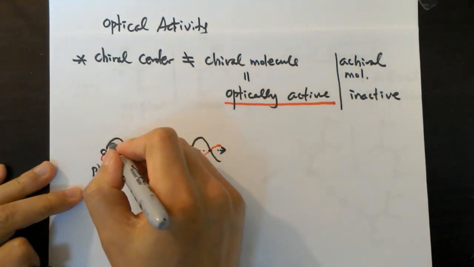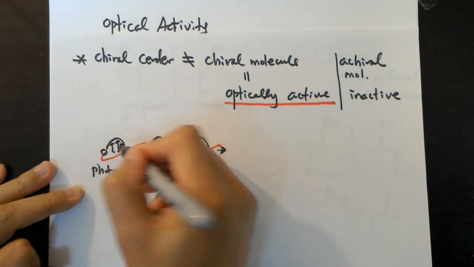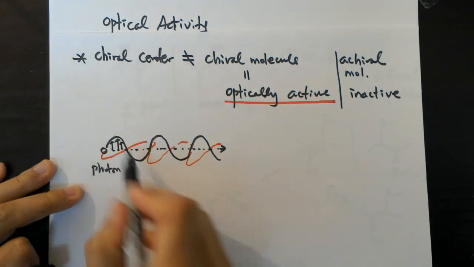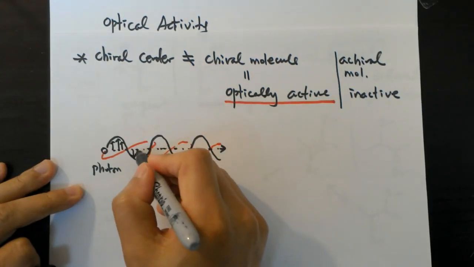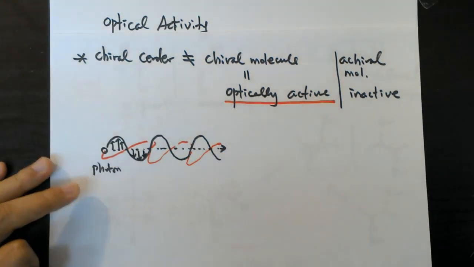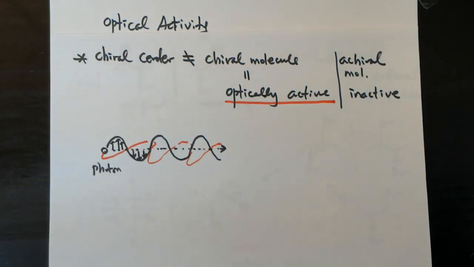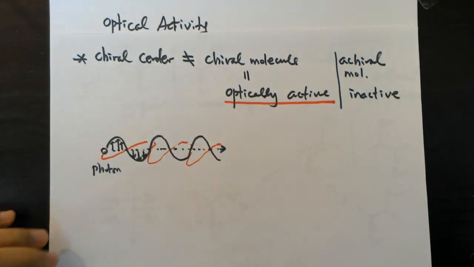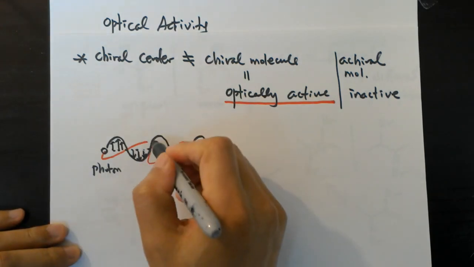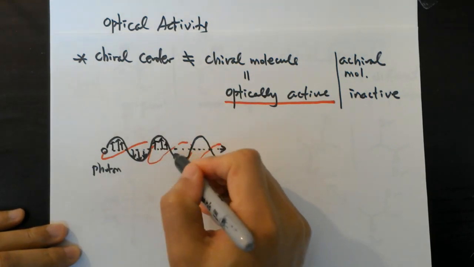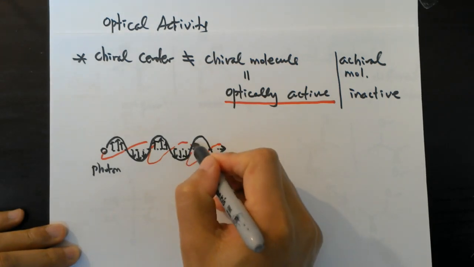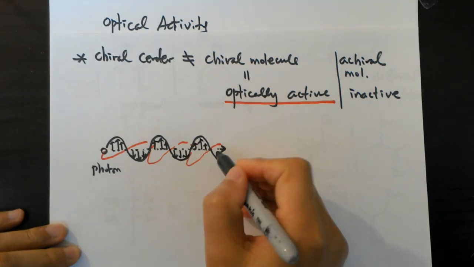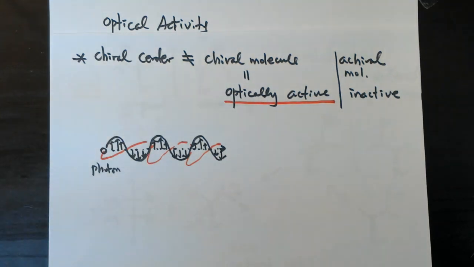So the electric field increases upward for this wave, and after half of the wavelength, the electric field goes in the opposite direction, and that repeats. These are the vectors, increasing and decreasing and changing direction.